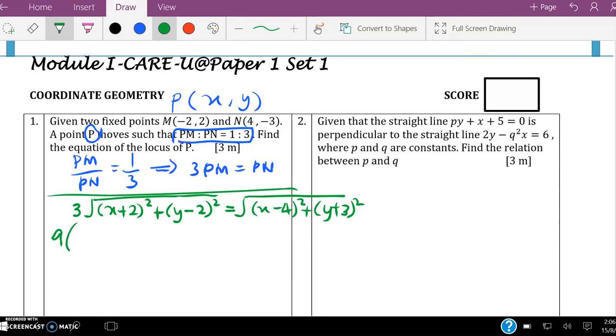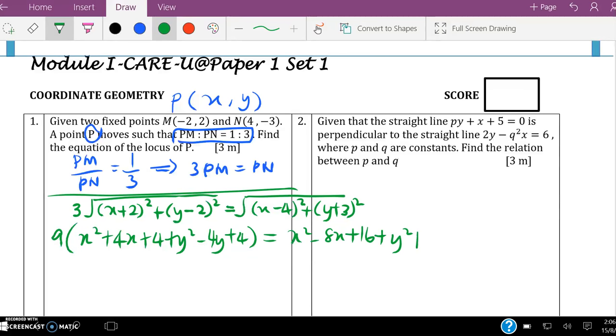So it will become x squared plus 4x plus 4 plus y squared minus 4y plus 4. The 3 will become 9 because of 3 squared. And then here is going to be x squared minus 8x plus 16 plus y squared plus 6y plus 9.